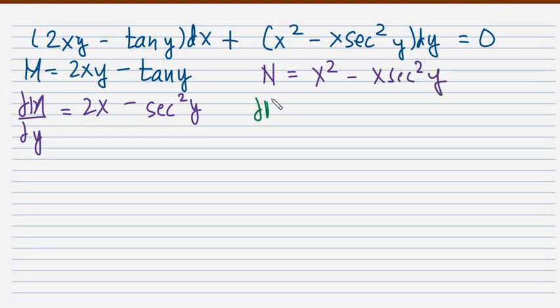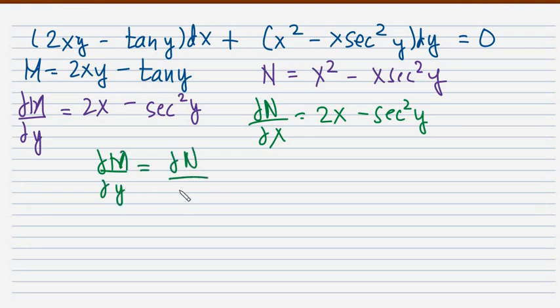So we will get the partial derivative of n with respect to x, and this one will be 2x, since negative secant squared y is constant, so we simply get the derivative of x, which is 1. So we see that the partial derivative of m with respect to y is equal to the partial derivative of n with respect to x. So therefore, this is exact.